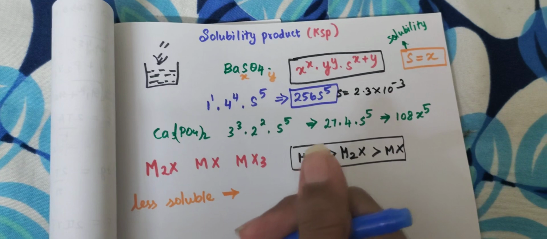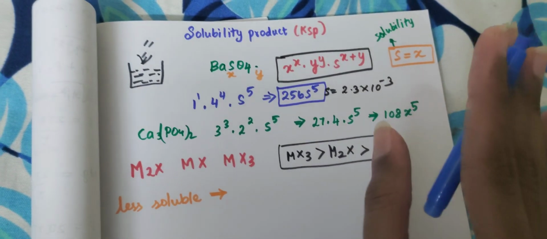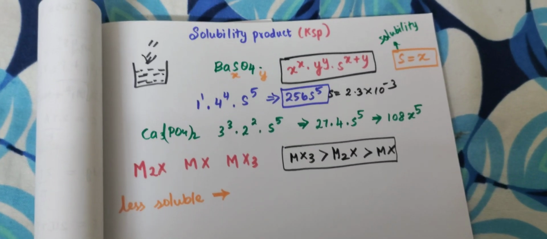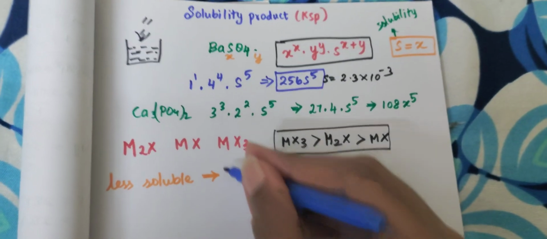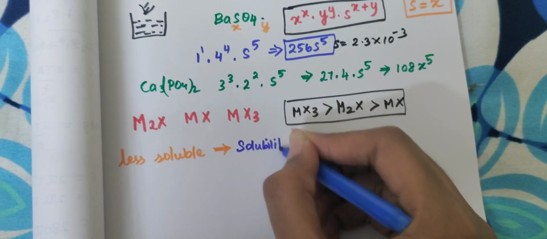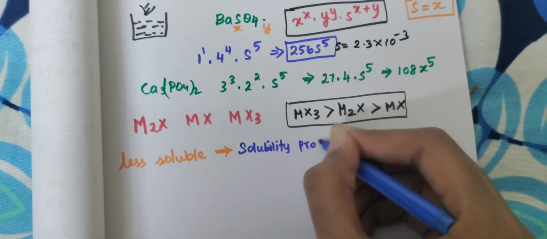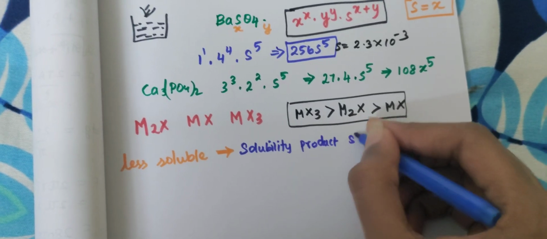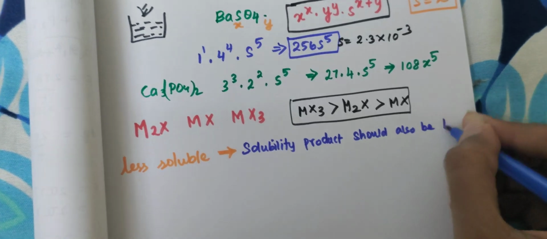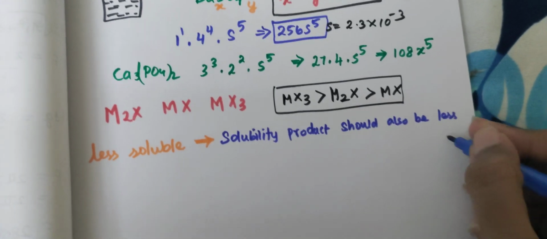If it should be less soluble, should the solubility product be less or more? Obviously, if it is less soluble, then the solubility product should also be less.